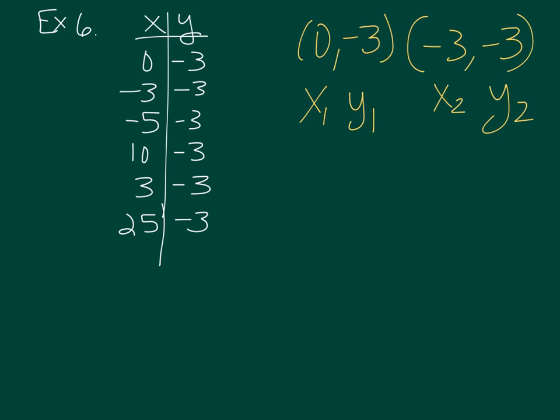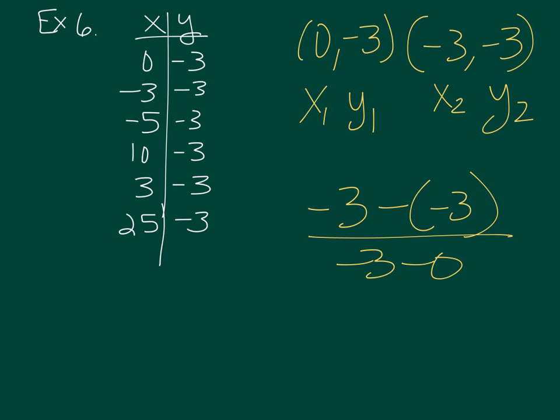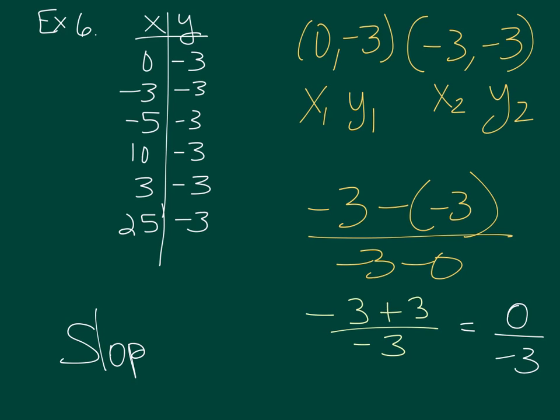So here I get -3 minus -3 over -3 minus 0. And guess what? That top simplifies down to -3 plus 3 over a -3, which gives me a final answer of 0 over -3. So my slope equals 0.